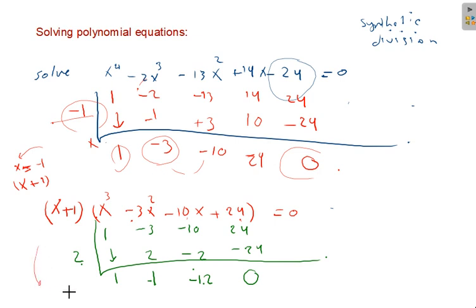This is the factor that we already have from the first division, x plus 1, x minus 2, the factor from here, and the new equation, which is x squared minus x minus 12 equals 0.